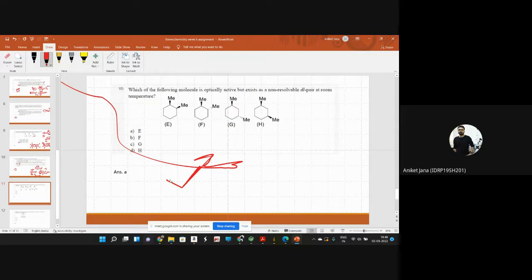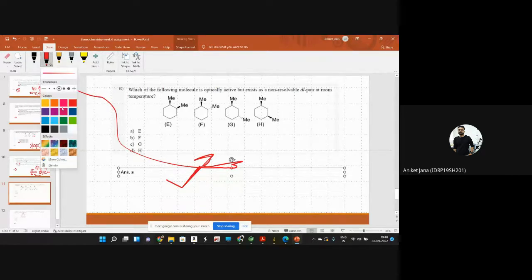So here it is saying, which of the following is optically active but exists as a non-resolvable DL pair at room temperature? So let's first draw option A, which is, sorry, E, the fast structure we are drawing.